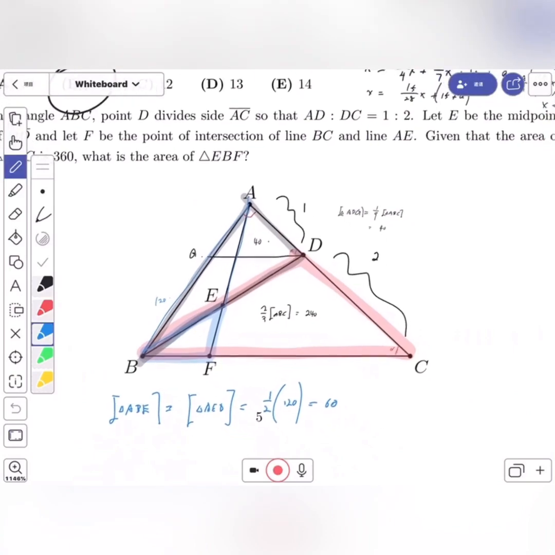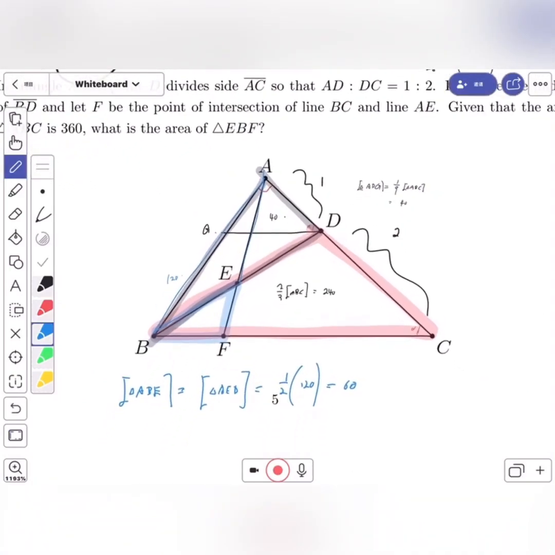Since we already know the ratio of BF to FC, we can't really find the area of ABF just based on all of these ratios that we have.